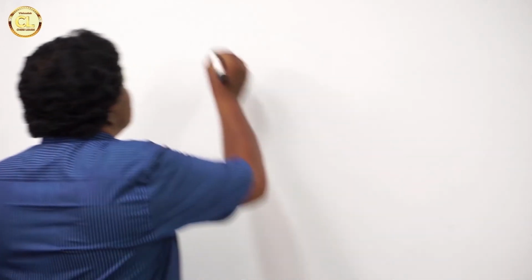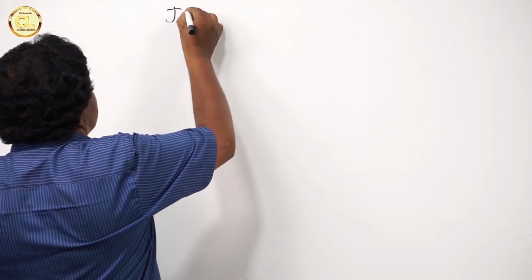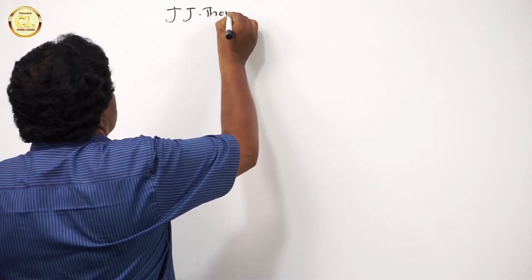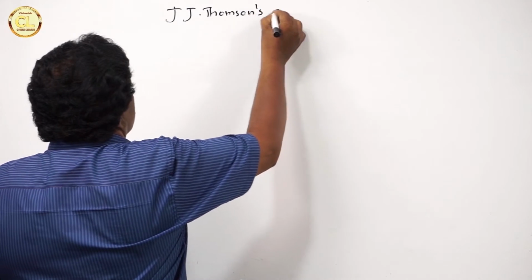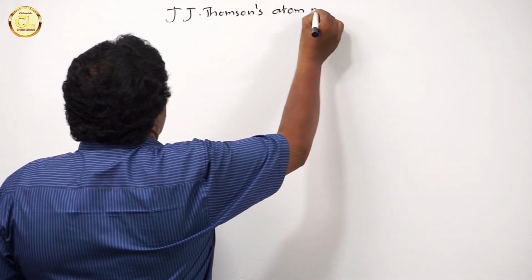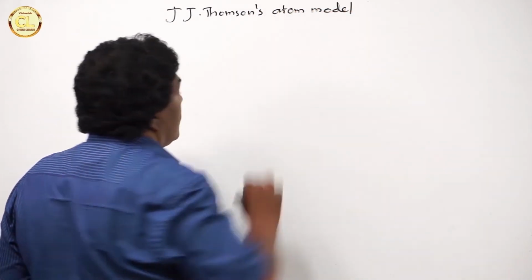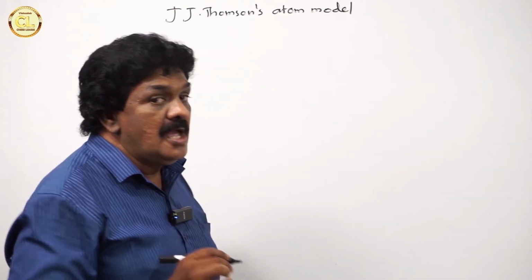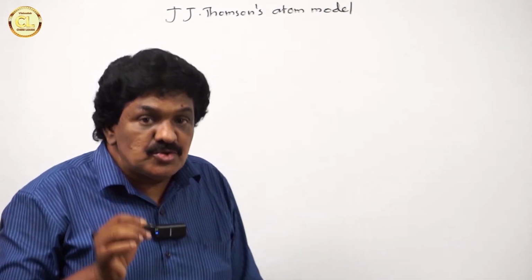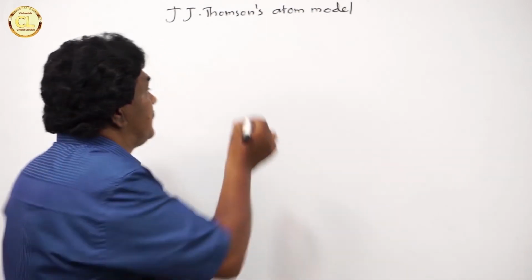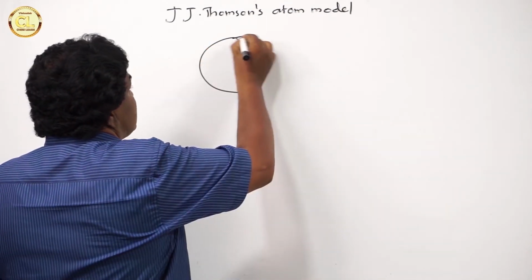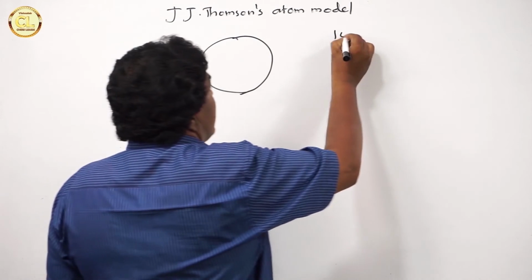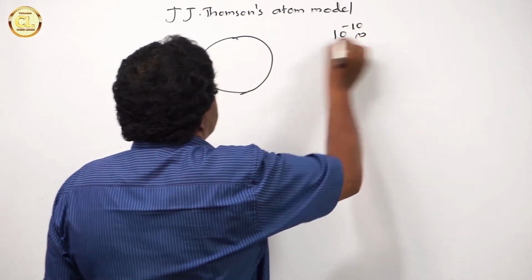J.J. Thomson suggested a non-nuclear model of atom. J.J. Thomson's atom model. According to him, atom consists of a positively charged sphere of radius 10 raised to minus 10 meter.